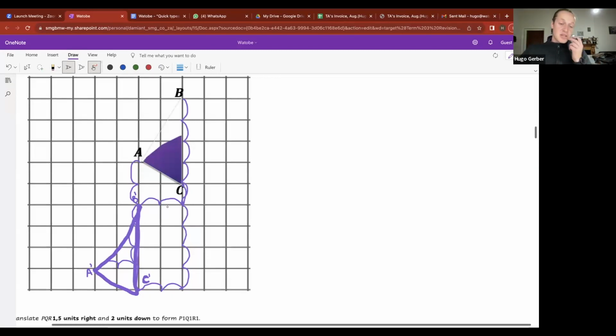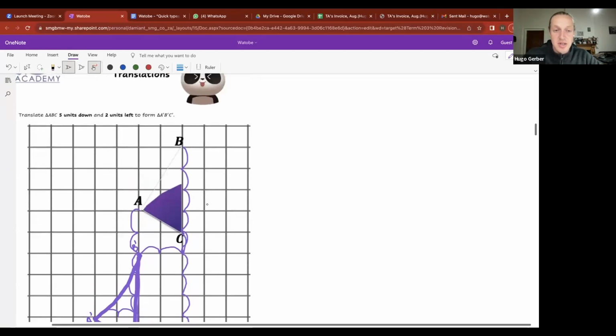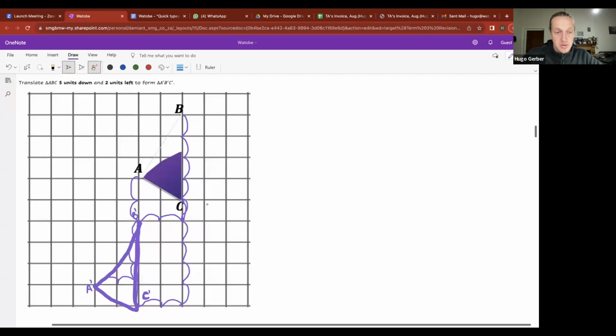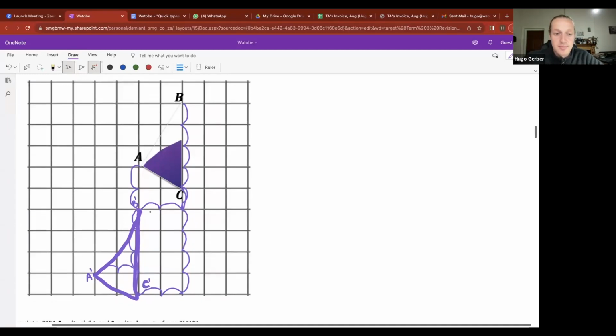Okay, that's the best I'm going to be able to do tonight, but that's my translation. That's what it looks like if you do not use a ruler and you translate a shape 5 units down and 2 units left. Guys, I really hope that you guys are using a ruler.